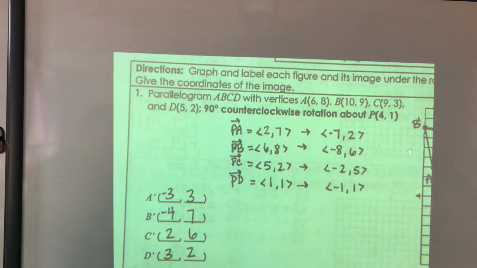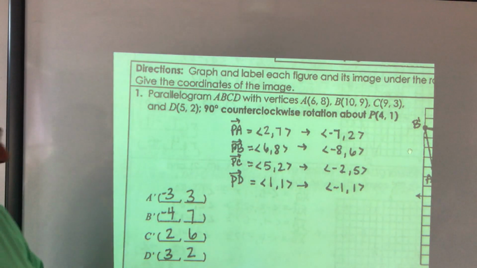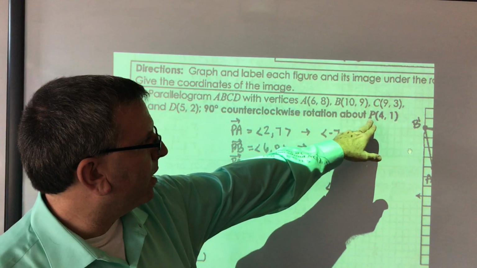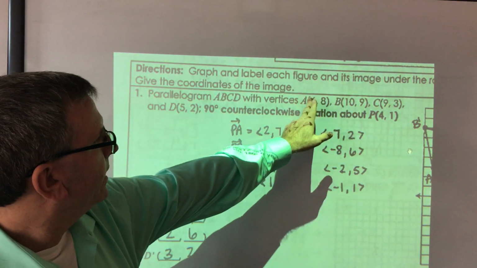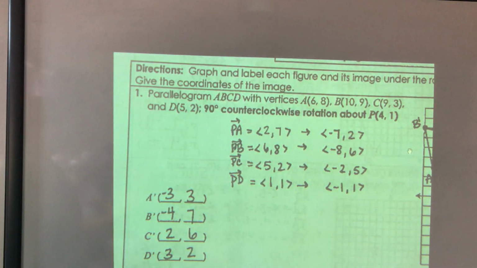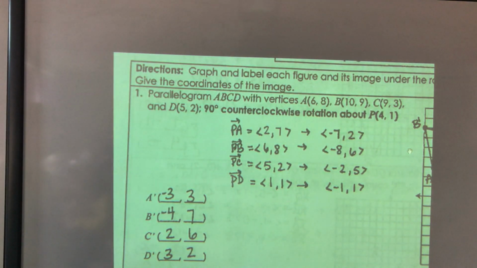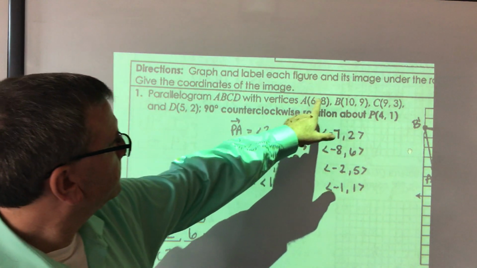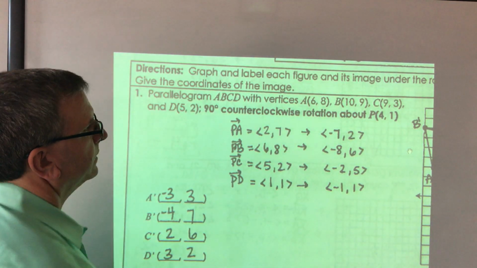So our first step, let's go back to the steps that we just created. We have to create a vector from our point of rotation to each of our pre-image points. I have from 4,1 to 6,8.